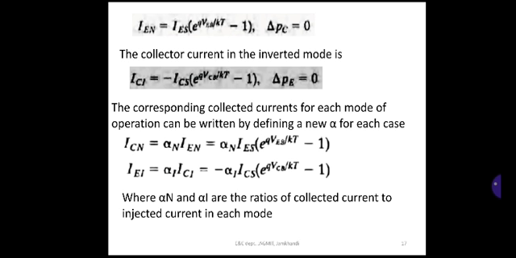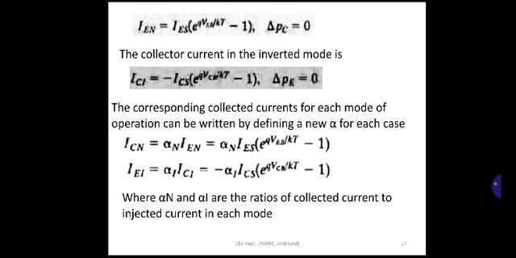Since we specify delta PC equal to 0 in this mode, we imply that VCB equal to 0. Therefore, we shall consider IES to be the magnitude of the emitter saturation current with the collector injection short circuited.